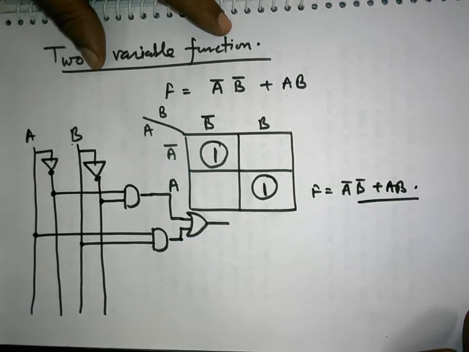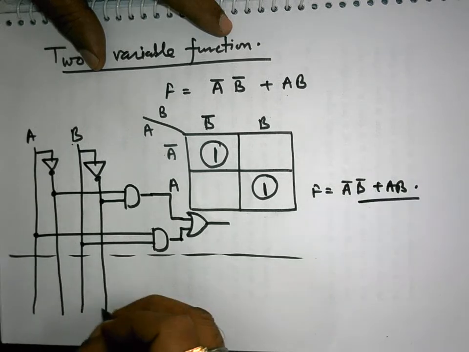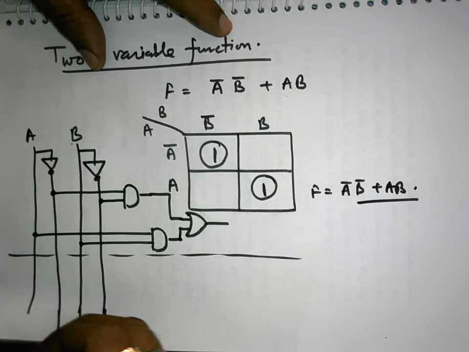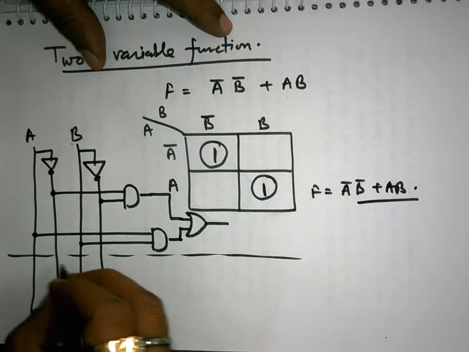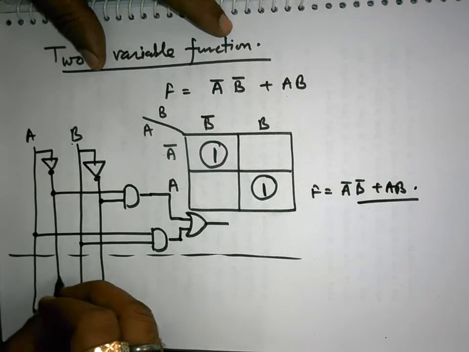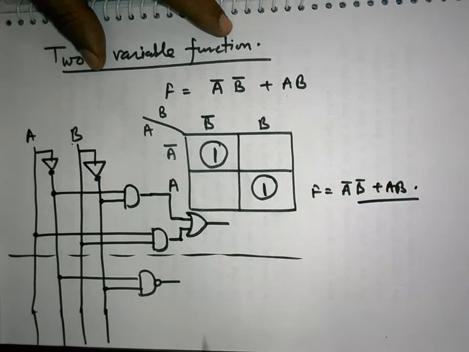But the problem is to design this circuit using NAND gates only. Then simply what we will do? We will replace all the AND gate and OR gates with NAND gates, okay. So very simple. Replace this AND gate with NAND gate.